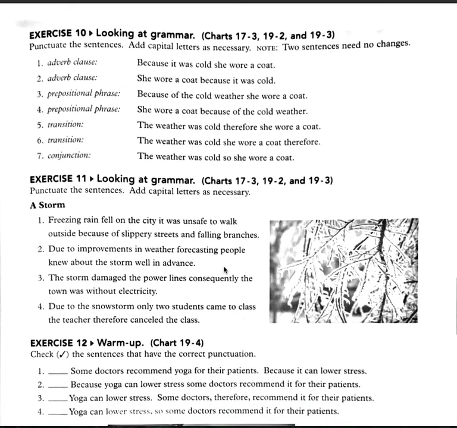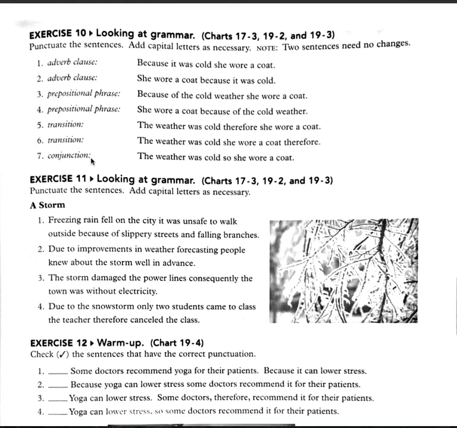Almost done for today. If we look at exercise 10, punctuate the sentences. Add capital letters as necessary. Note, 2 sentences need no changes. Now, number 1 and 2 are adverb clauses. 3 and 4, prepositional phrases. 5 and 6 are using transitions. And number 7, conjunctions.